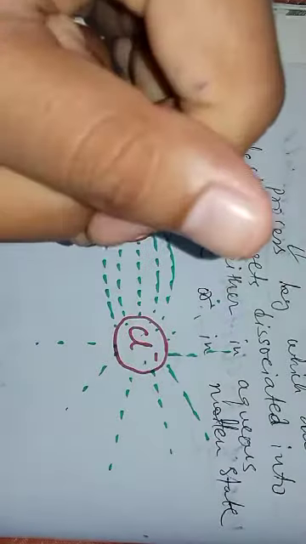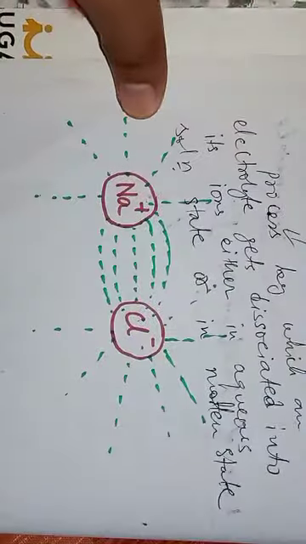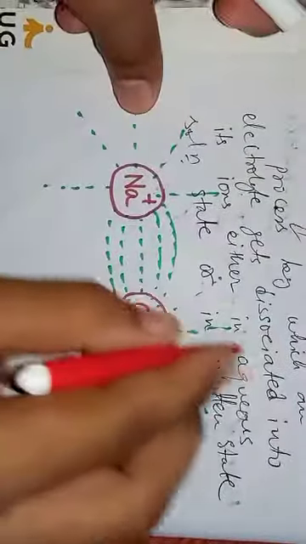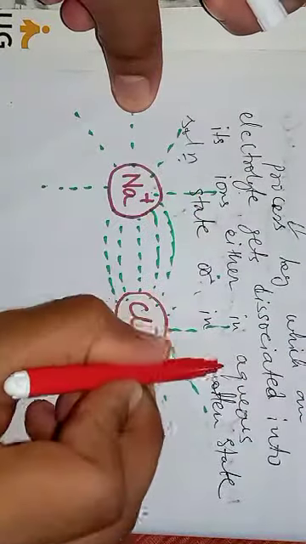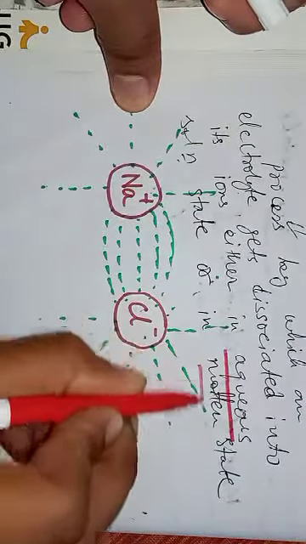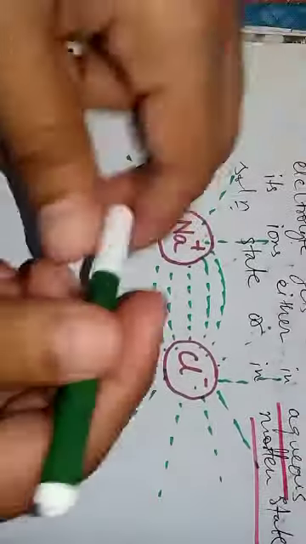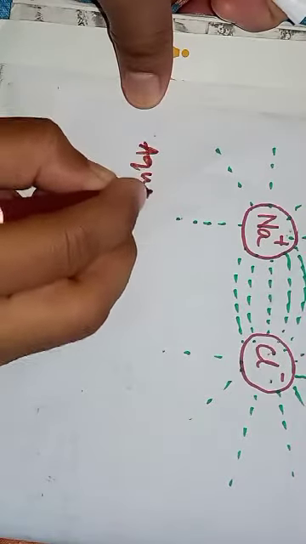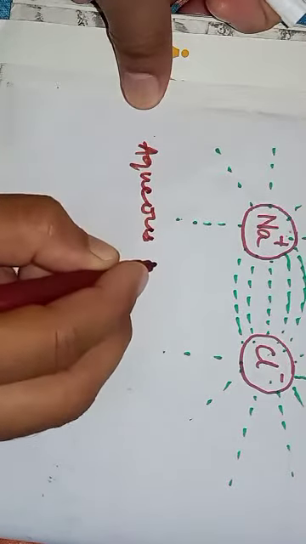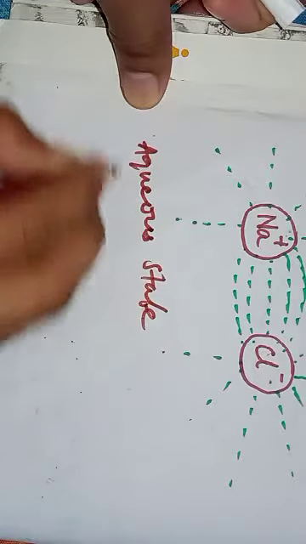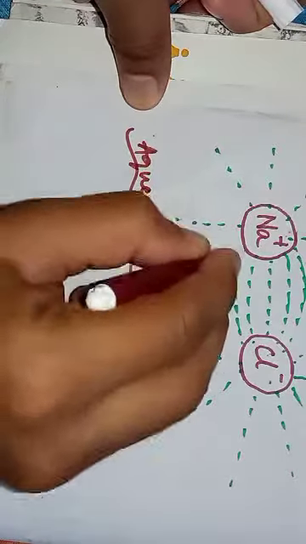What happens? The very definition says that they get dissociated into ions either in the aqueous state or in the molten state. So let us take the first one, the aqueous state. What happens in the aqueous state? Aqueous state means NaCl gets dissolved into water.